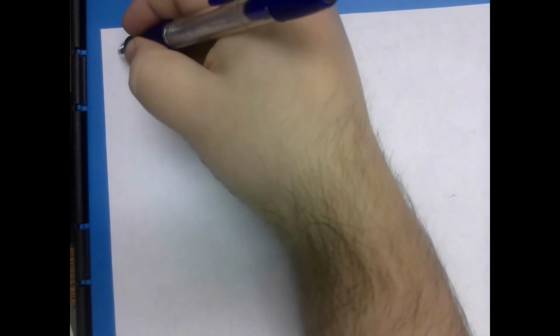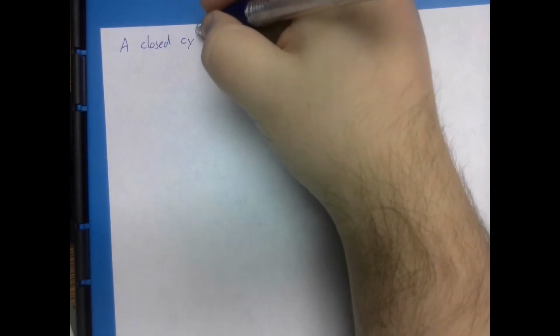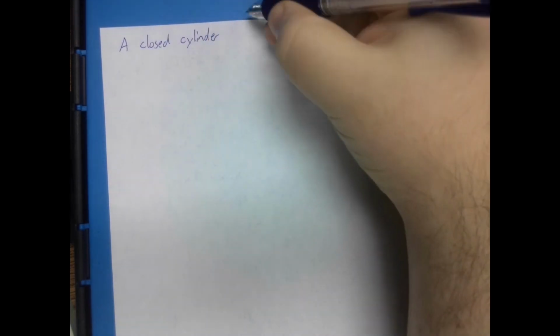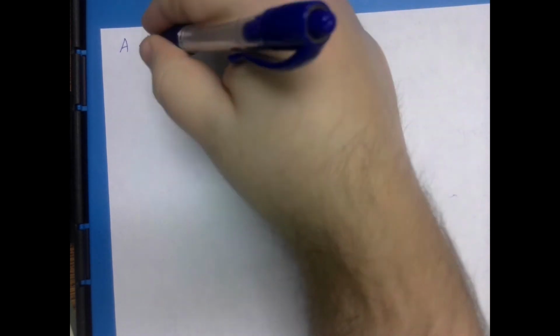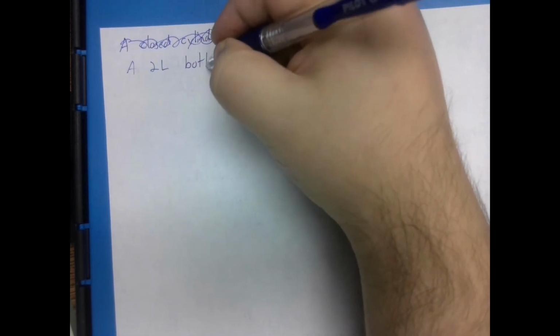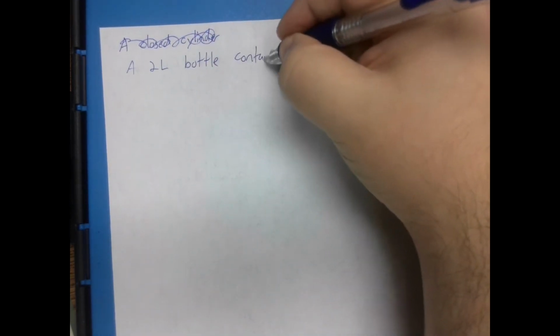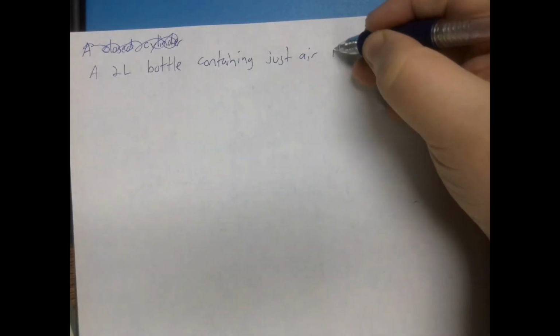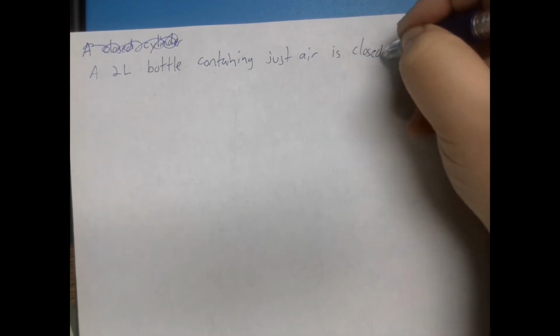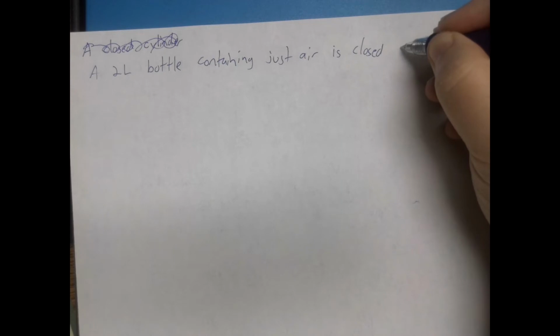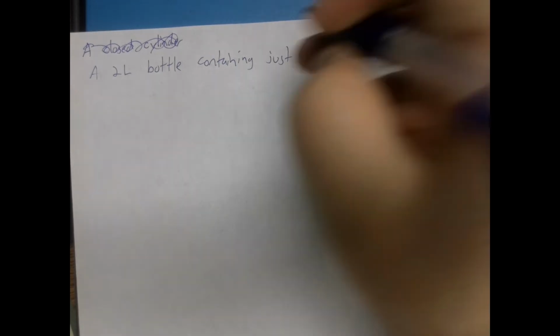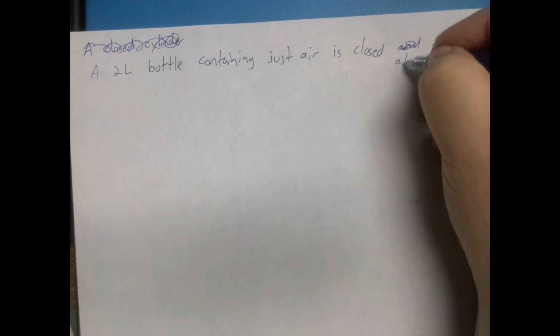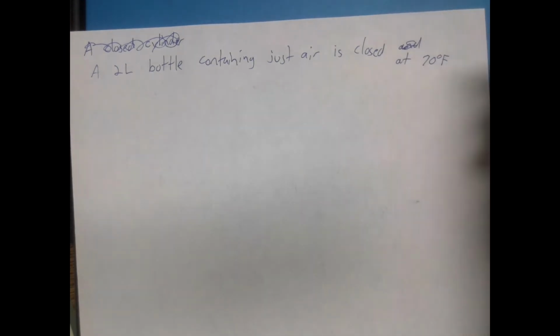So let's do an example. A closed cylinder, or I should say, let me reword this. Sorry. A 2-liter bottle containing just air is closed at 70 degrees Fahrenheit.